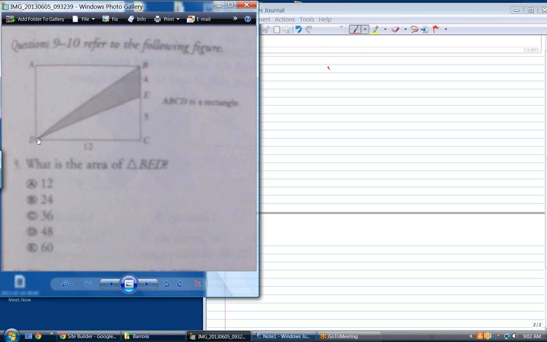Can you see where I'm pointing? Oh, no, actually, I don't get it. I was thinking it was the shaded area is what we were looking for. It is. And there's the base, 4. But the height is the vertical height, in other words, the perpendicular height.